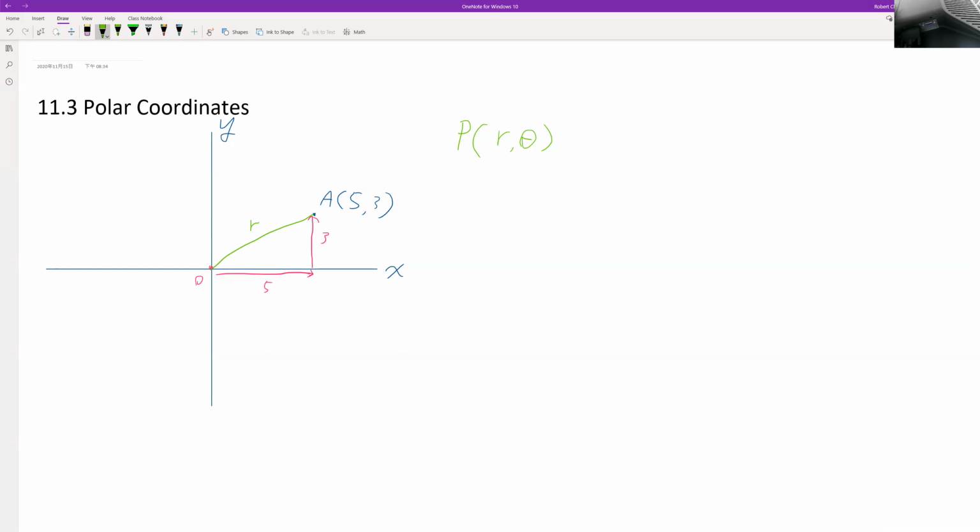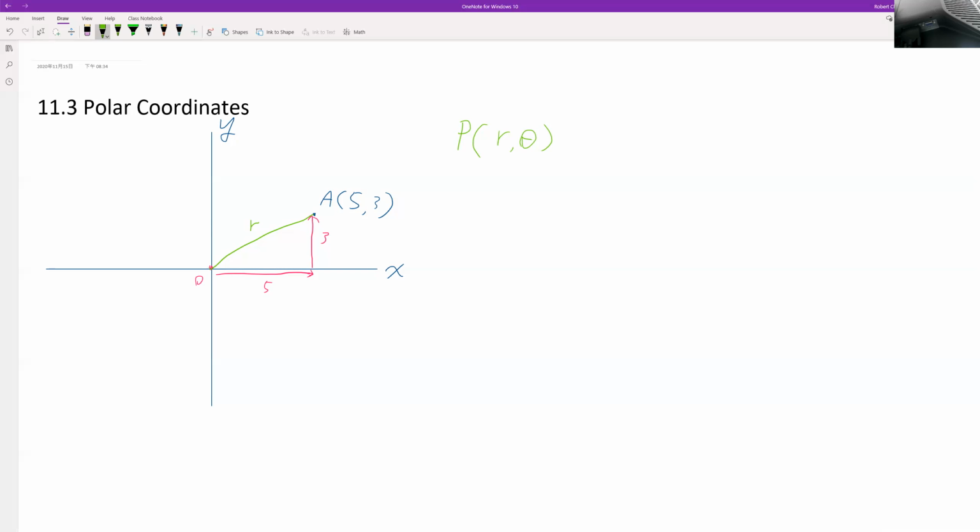You can think about this as the hypotenuse of the right triangle, or kind of like the radius of the circle, and that's how we pick the variable r to represent this distance, because it works like the radius of a circle. If you think about the unit circle, we use r to represent the radius.